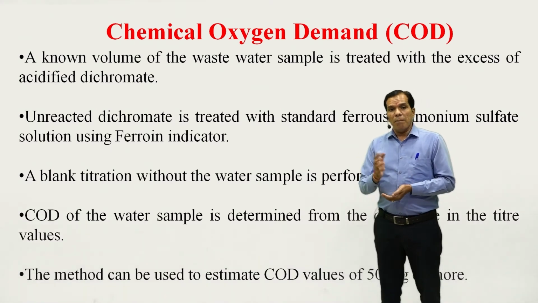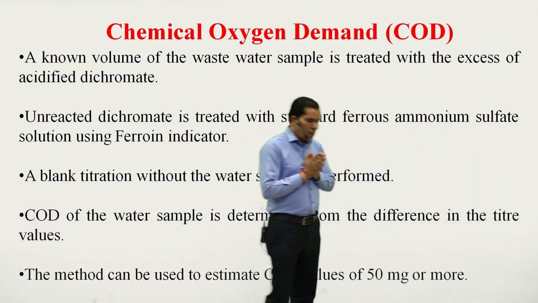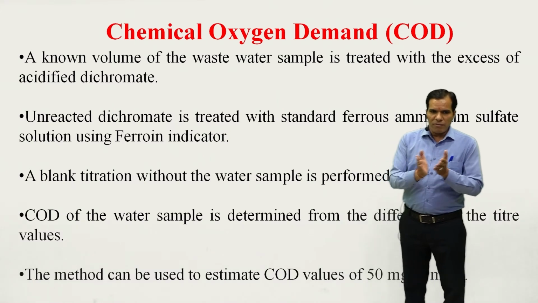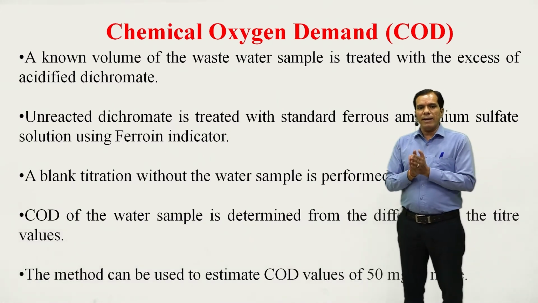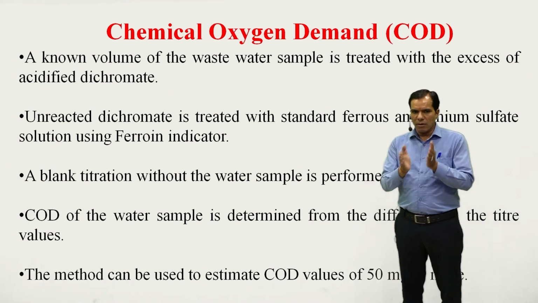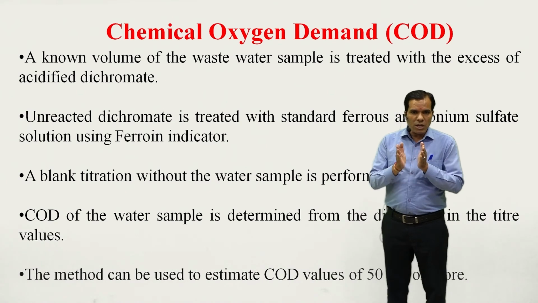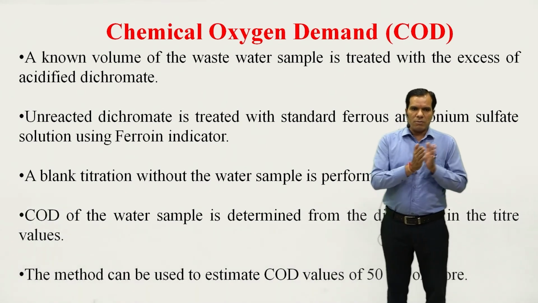Now, a blank titration without the water sample is performed because we will compare the COD value of the wastewater and the blank. We will perform the experiment with distilled water as a blank solution.